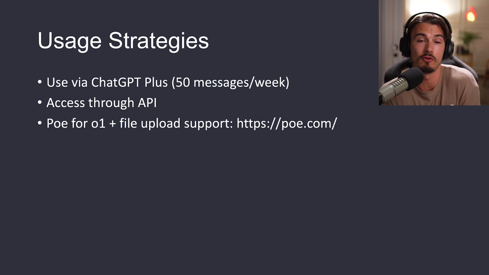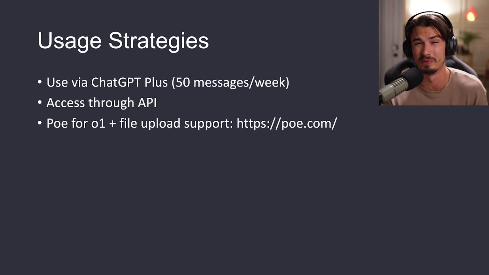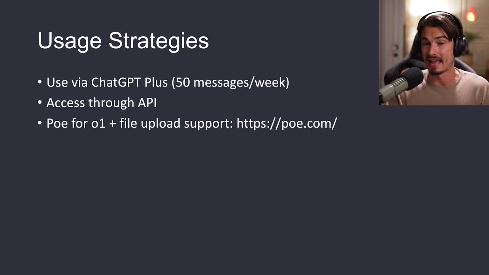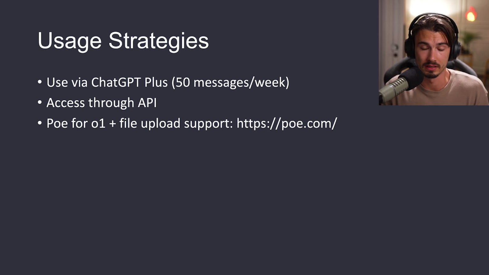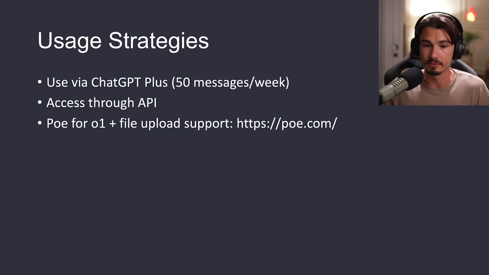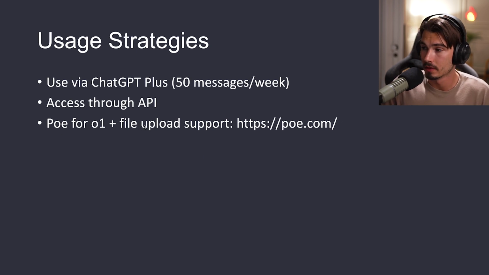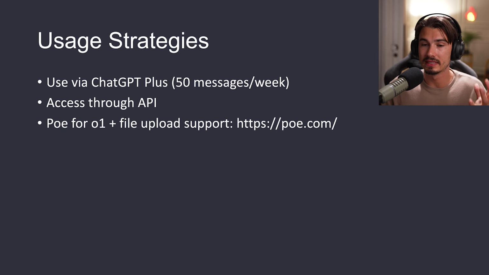Secondly, if you're level 4 or higher, which most people are probably not, then you can access it through the API and use the playground with it as per usual. But here's my tip. If you hit this limit and you want to go further, Poe is your friend. I tested various tools. Multiple community members actually recommended various tools. I know various people are using a lot of these new platforms that have popped up.